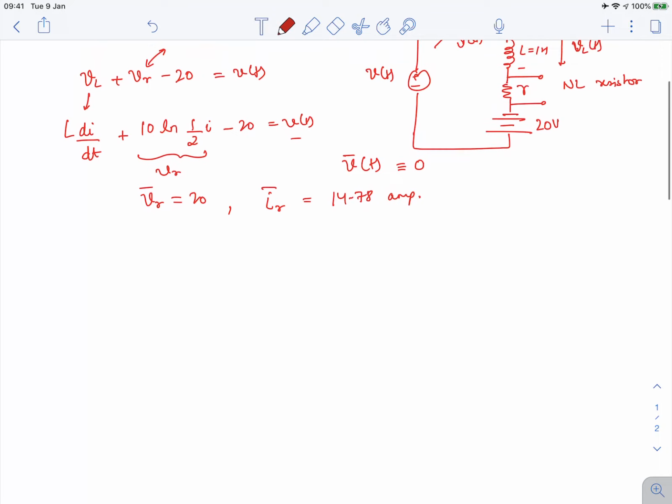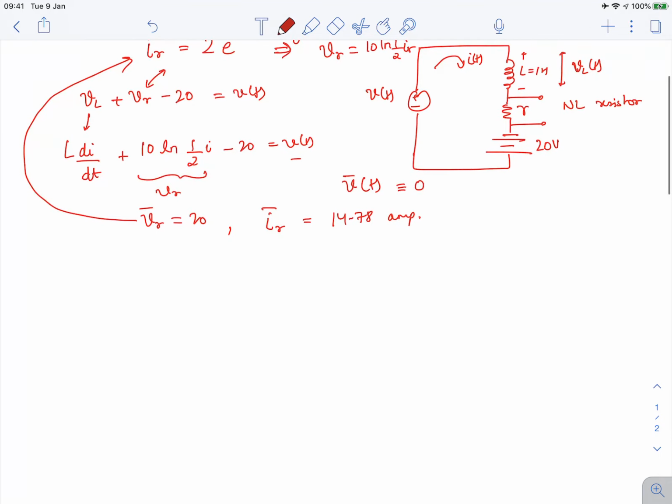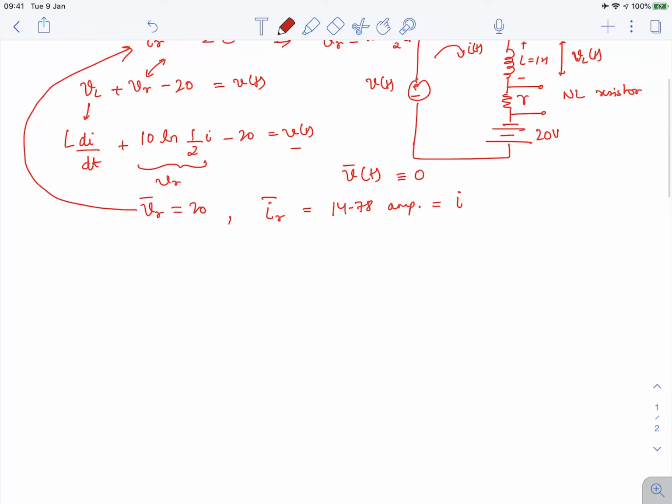You could use this formula, which is the nonlinear relationship: you put this V bar here and you obtain this IR bar, which is the operating point. This IR bar is nothing but the current flowing inside the resistance, so we will denote it by I bar.